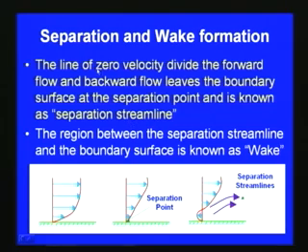So, we can find the line of 0 velocity which divides the forward flow and the backward flow, which leaves the boundary surface at the separation point. The region between the separation streamline and the boundary surface is known as the wake. Here you can see that before the separation starts, where the boundary layer forms, the velocity plot is in this form.